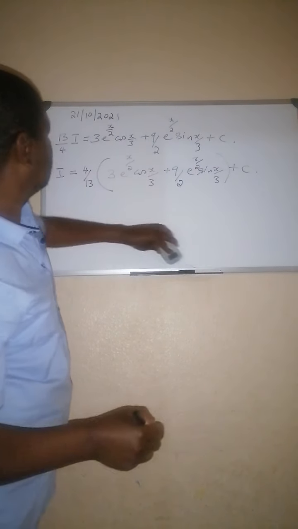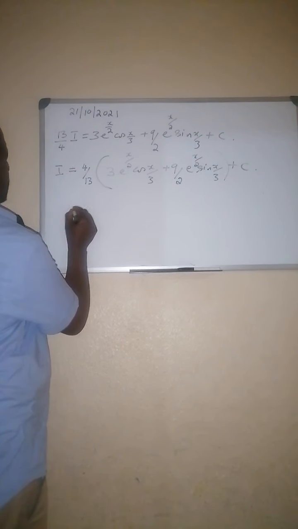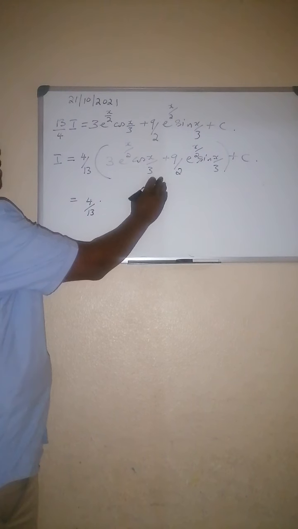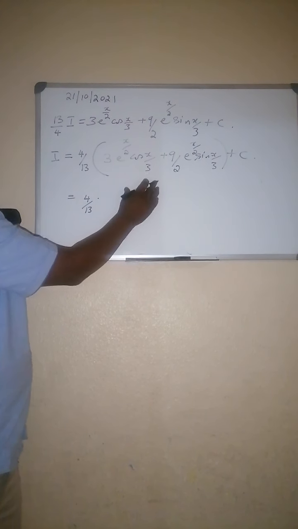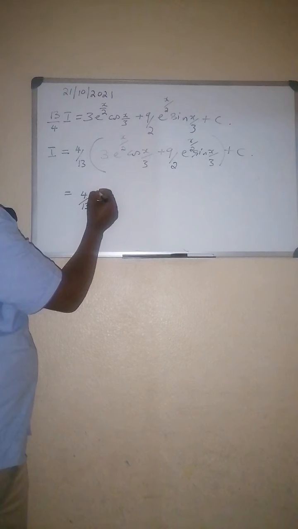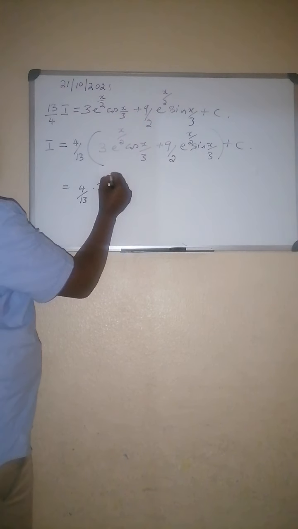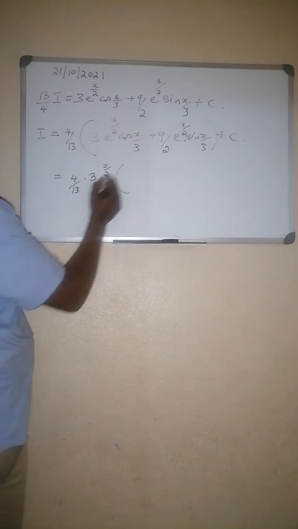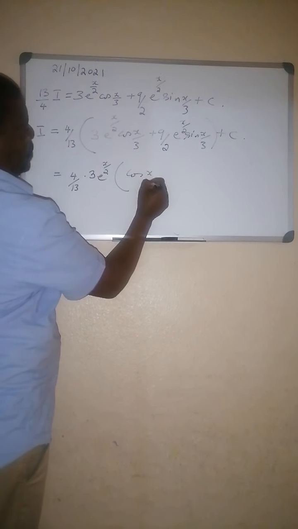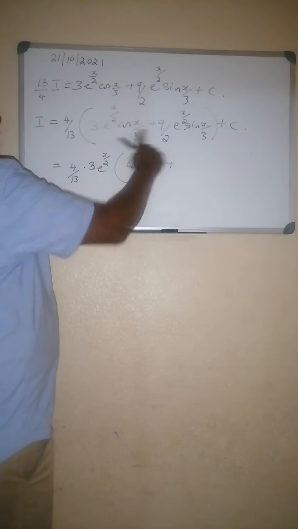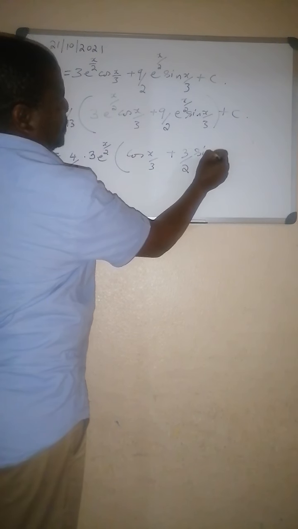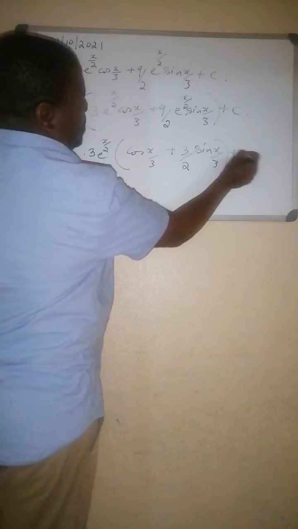Now when you look at this, we can still say this 4 over 13, and if you check with what is inside the bracket, you can take a common factor, and a common factor can be 3 e to the x over 2 into the cos of x over 3 plus, because I've taken the 3 out, it means I'm going to have 3 over 2 of sine x over 3 plus c.